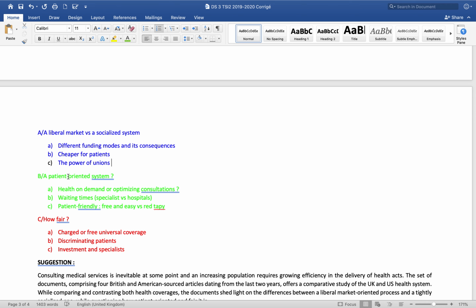Now we compare how different that is for the patients. And at the end, we compare how just the two systems are. So when you use a comparative plan, you have to use the comparison in 3 different parts on 3 different aspects. So the second part, health on demand, as in the US, or optimizing consultations in the UK.